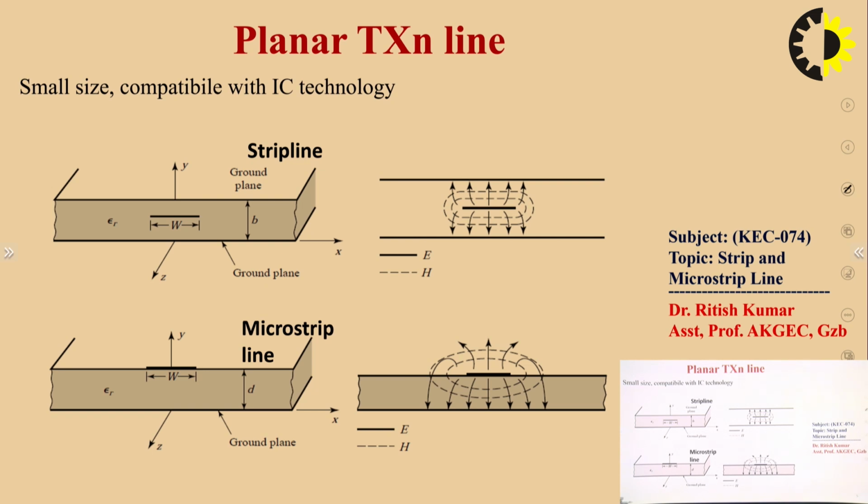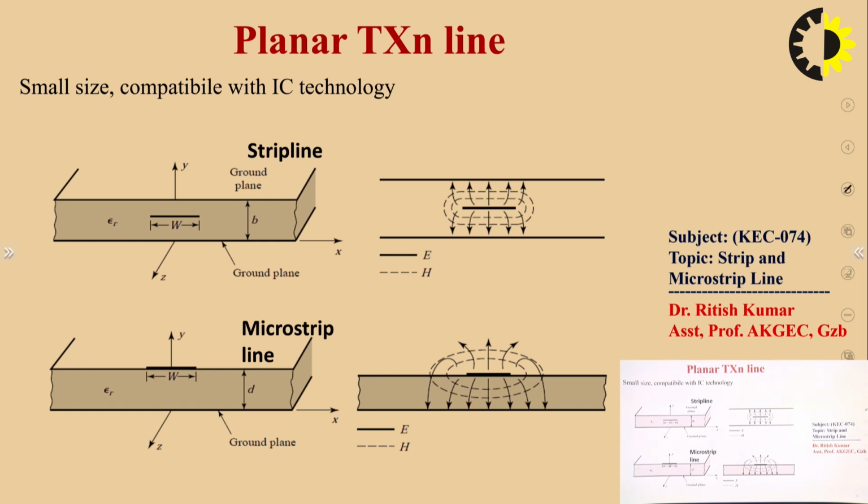So we can say microstrip line has two media. The first one is air, while the second one is the dielectric material, which has electrical permittivity epsilon r. While in the case of strip line, the surrounding area is homogeneous.